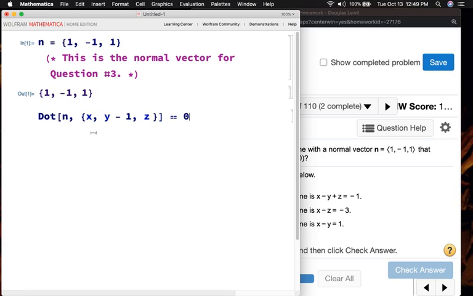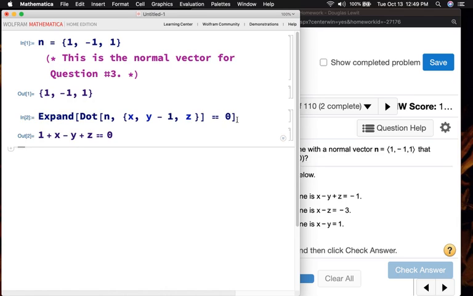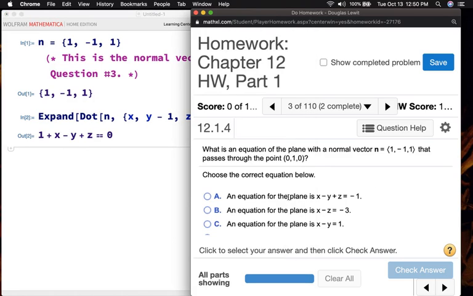So we know that the dot product of those two vectors has to be 0. I could expand this entire expression, shift enter. Okay, so I'm going to have x minus y plus z equals -1.